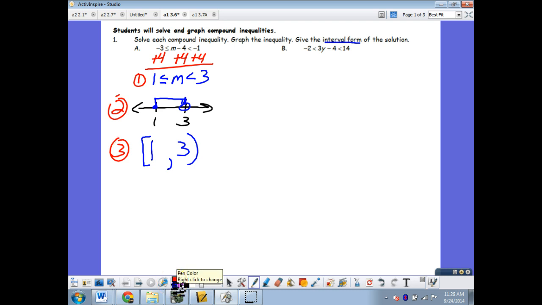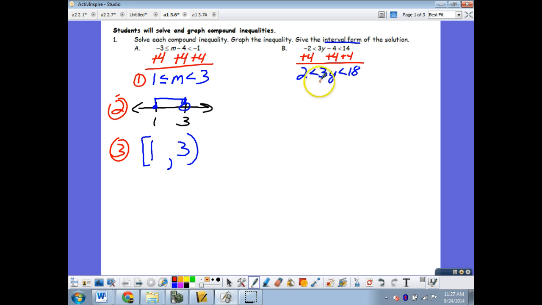All right, now doing the same thing to letter B. Again, we're going to add 4 to all 3 sides, I should say. And then when we do that, we end up with 2 on the far left, 3y in the middle, and 18 on the right.